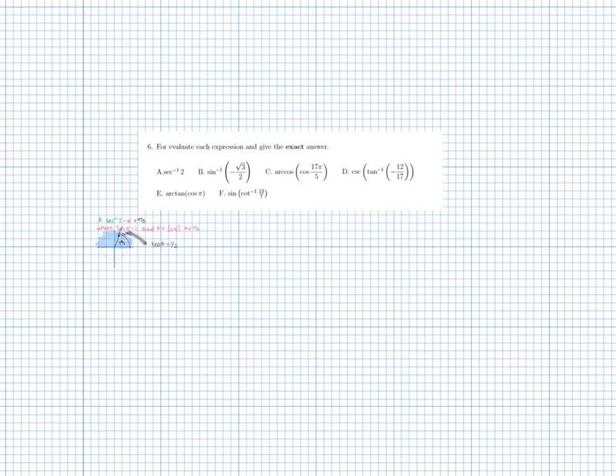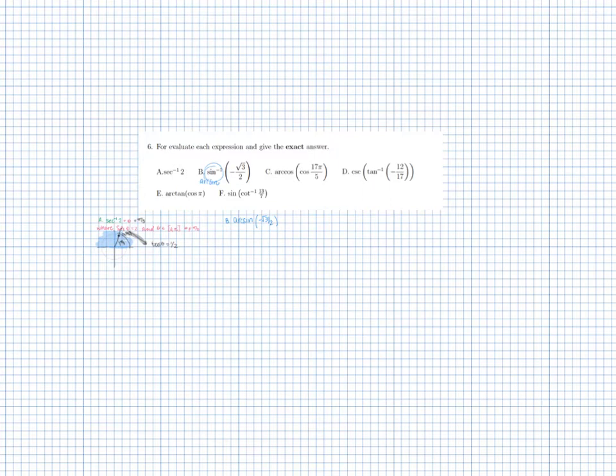Now let's look at the second problem here, which is B. We have the arc sine of negative root 3 over 2. Again, this guy can also be written arc sine, just so that you've seen that before.